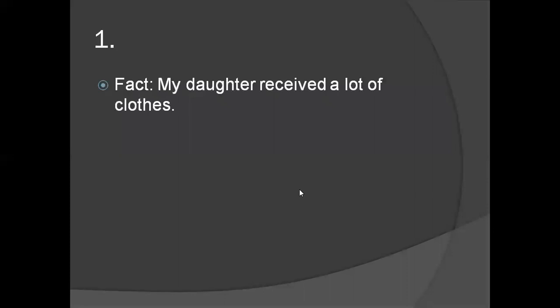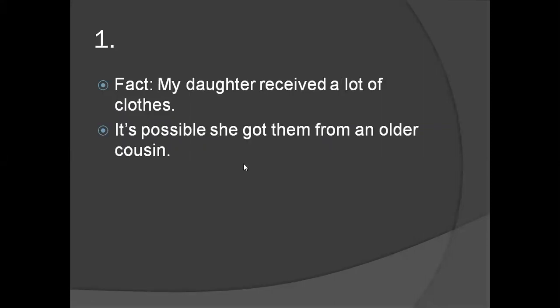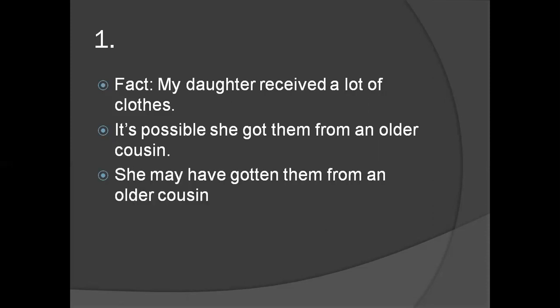Then another example. My daughter received a lot of clothes. Now this is a fact, so you have to make some guesses. It's possible she got them from an older cousin. Now no modal verb is used, but still you are making guesses. If you want to use modal verbs: she may have gotten them from an older cousin.